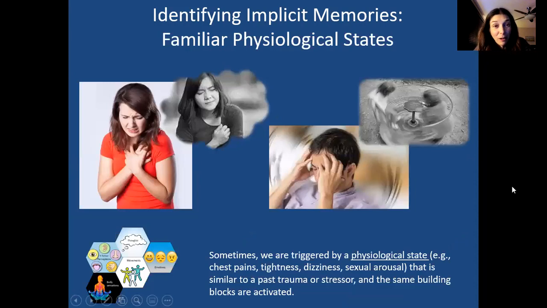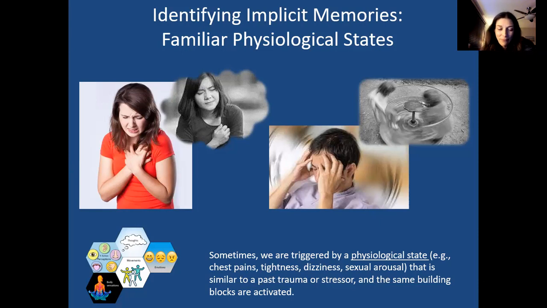All right, here's another thing that could come up. If you feel a physiological state now that's similar to one from the past, you might have other building block reactions connected to it that are the same. So let's say tightness in your chest. Let's say that was associated for you with a panic attack and being humiliated in front of your friends, and having a code call, like in my hospital, they call it a code blue, like a medical code, and people are surrounding you and then they're telling you, oh no, you're fine, and whatever the humiliation was.